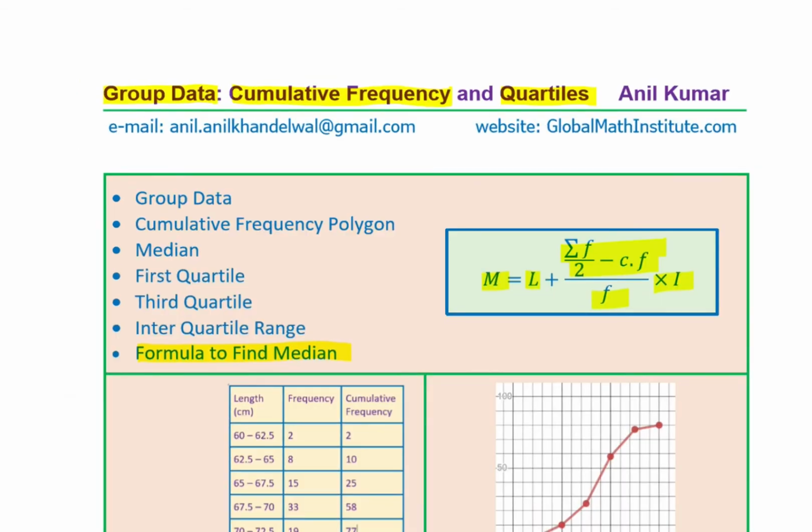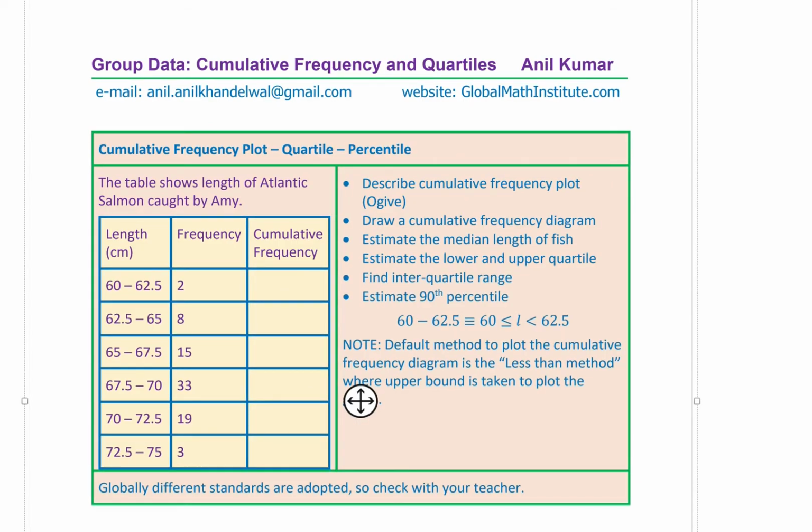Let's look into the data first and then see exactly how we work when we are given grouped data. The question here is, the table shows the length of Atlantic salmon caught by Amy.